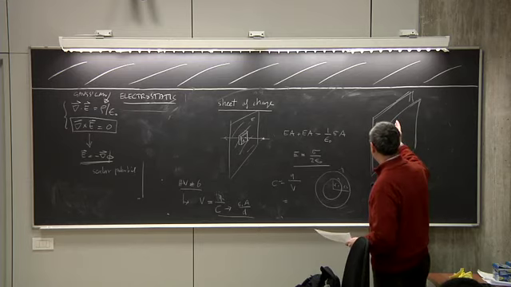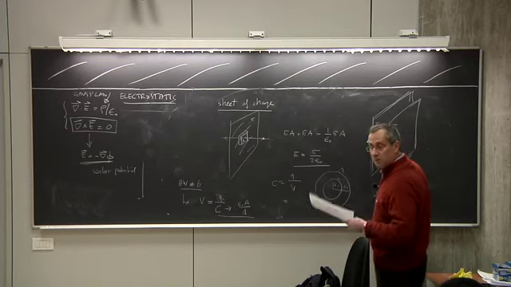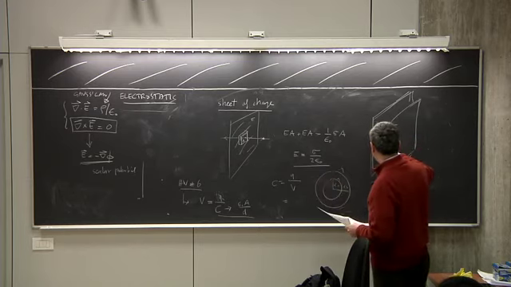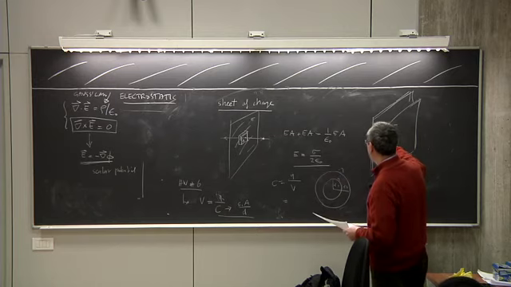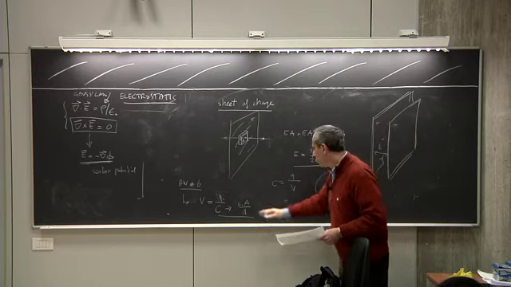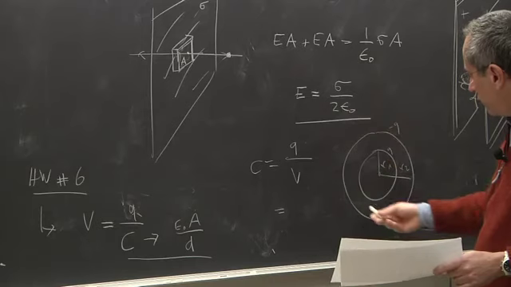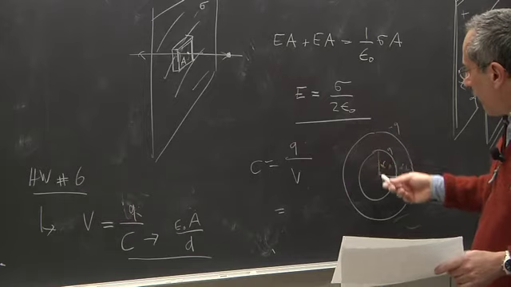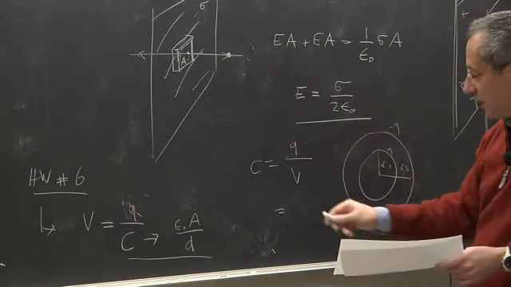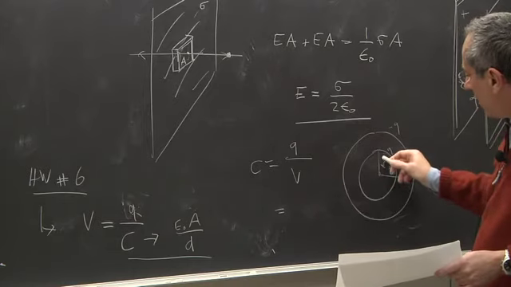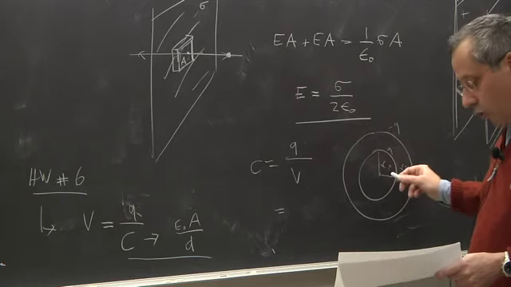So for the two infinitely large, uniformly charged planes, it's just this. And I want you to do the exercise and show that for this charge distribution, two spherical shells, one inside the other, it's just given by some ratio of these radii.